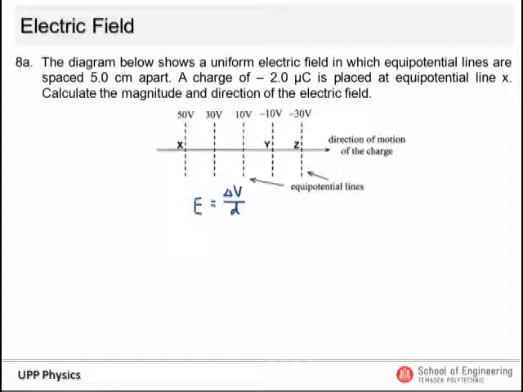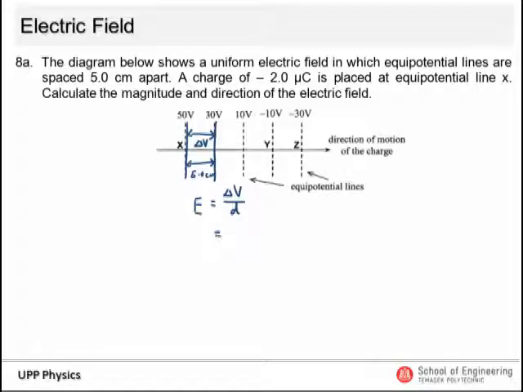Let us focus on the 50 volts and the 30 volts. Between these two, there is a potential difference, change in V. The separation is 5 cm.